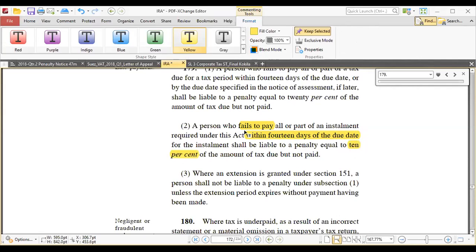Then are they liable to pay 10%? No. No penalty, only the interest.